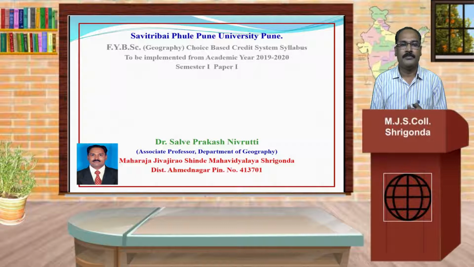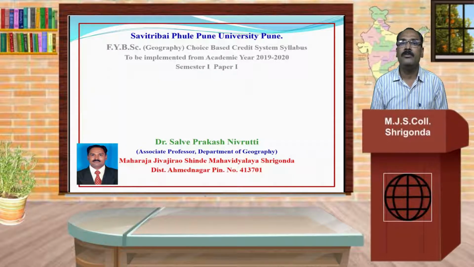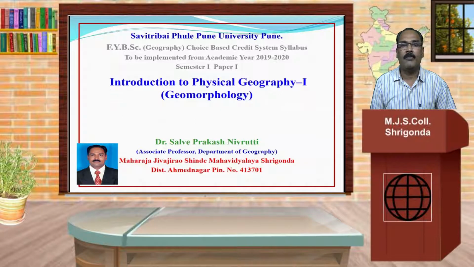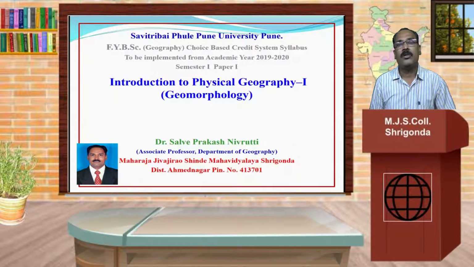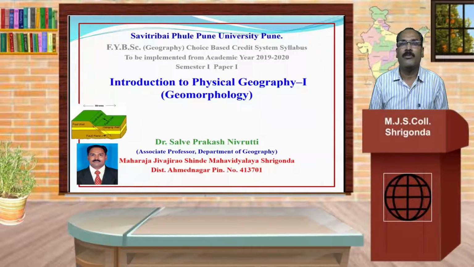FY BSc Choice Based Credit System syllabus to be implemented from academic year 2019 to 2020. Semester first, paper first. The title of the paper is Introduction to Physical Geography, paper first, or Geomorphology.